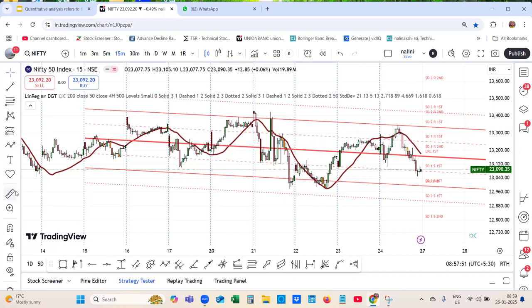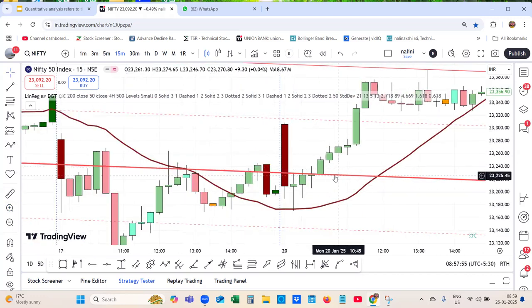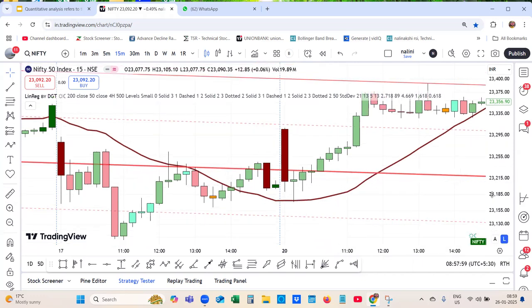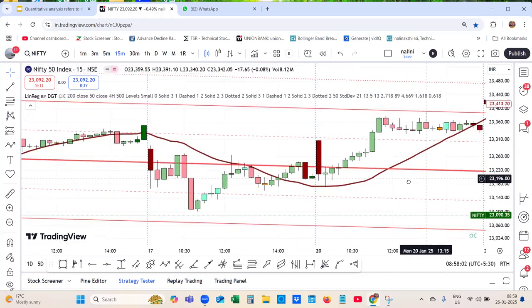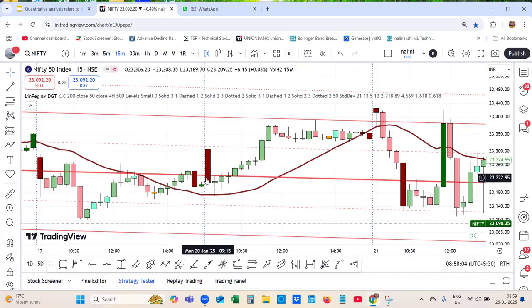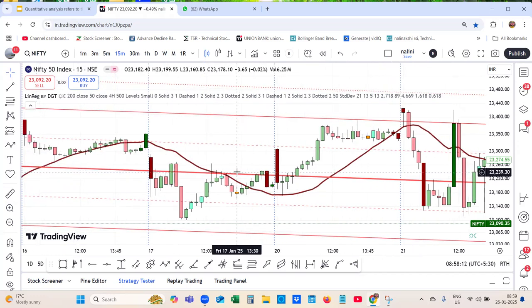When price starts trading above the mean regression line, this middle line, then you can consider buying the market, going long in the market in intraday.